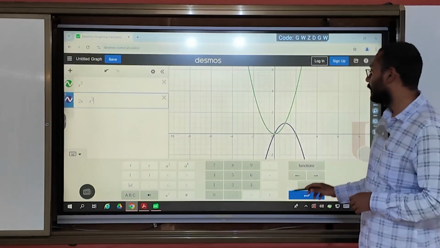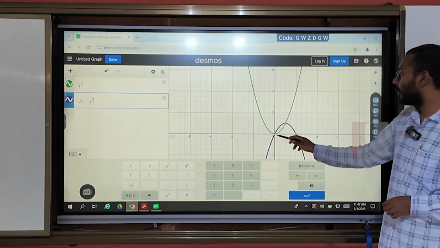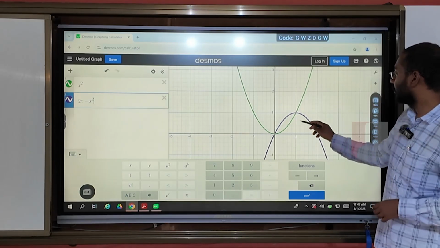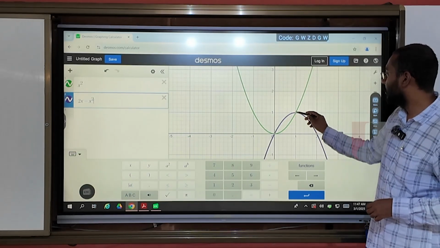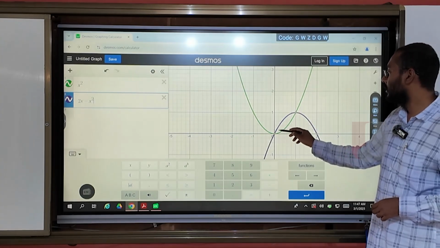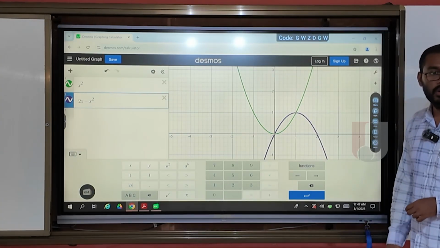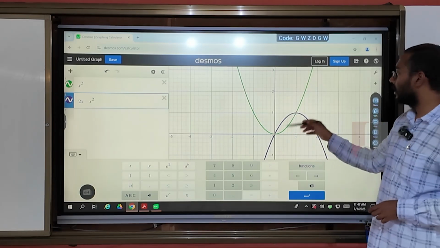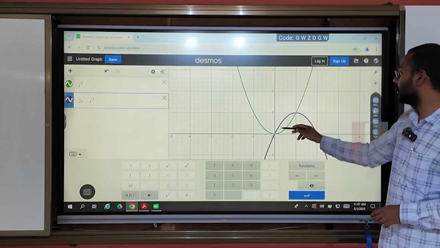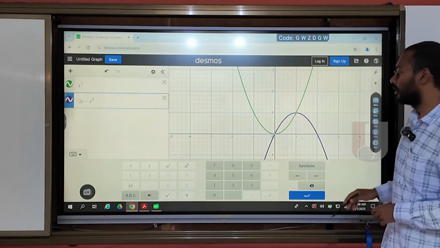Also from the graph, we can see these two points. This is the x equal to 1 line, so the intersection is the 1 comma 1 point, and here 0 comma 0. So both points are actually intersection points of these two curves, the green color curve and the purple color curve. Both curves meet at 0 and 1.